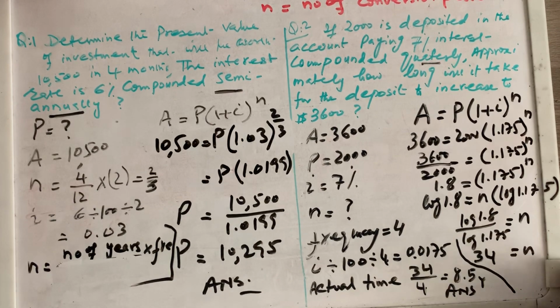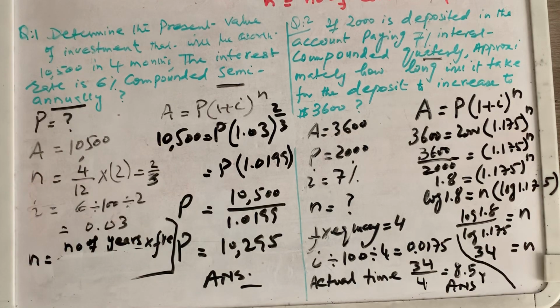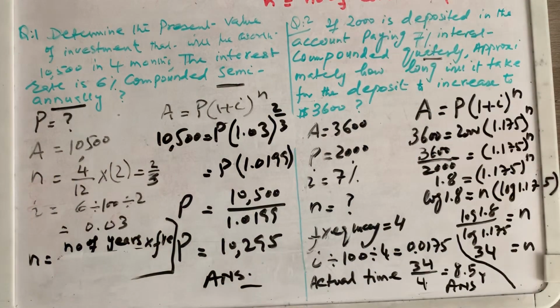We will review it one more time to get it fully understood. So the question is, if 2000 is deposited in an account paying 7% interest compounded quarterly, approximately how long will it take the deposit to increase to 3600?